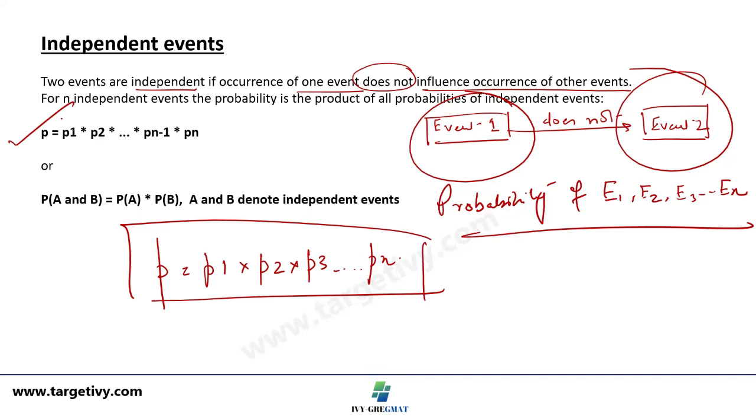Or for our convenience, we put up this formula where A and B denote independent events, which is P(A and B).